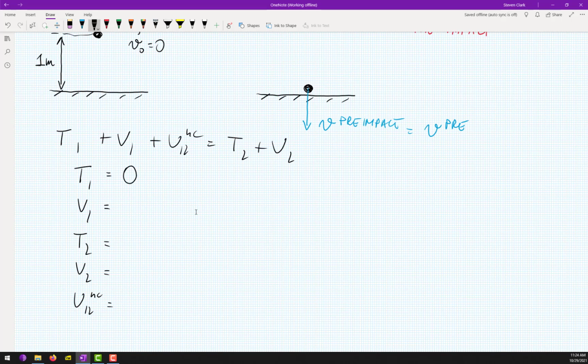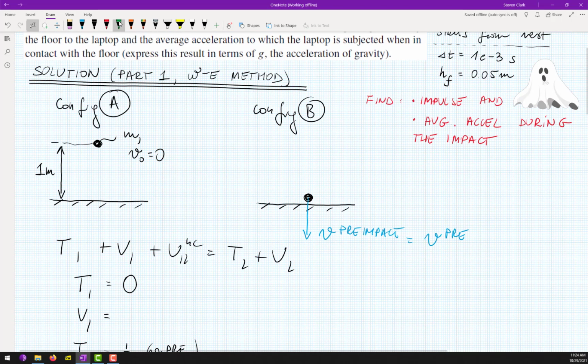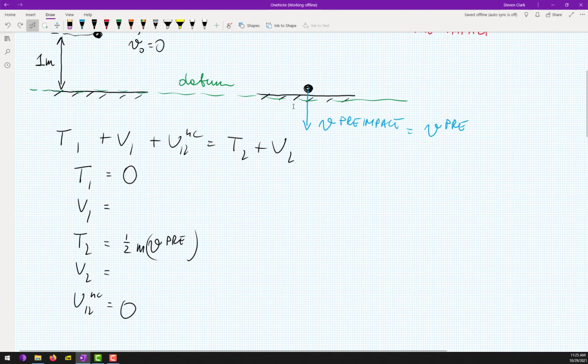This is 1/2 m v pre squared. There is no dissipation of energy in the system, so 0 here. To find our potential energies, we will put our datum first in here. At the end, the elevation of our particle is aligned with the datum, so this is 0 here, 0 in here. And at the beginning, we have mgh, which is 1.